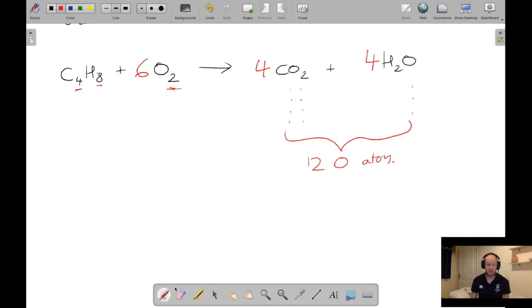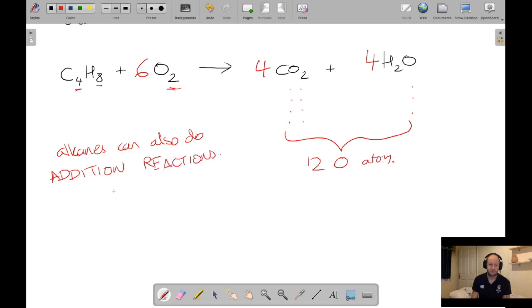Something else that's really interesting is alkenes can also do addition reactions. Now, alkenes will do addition reactions to make things like alcohol.